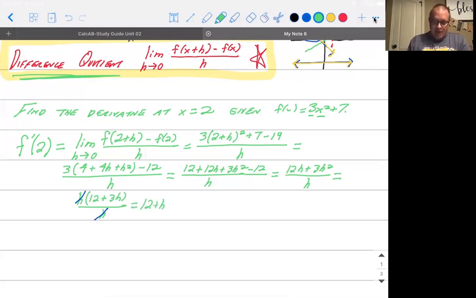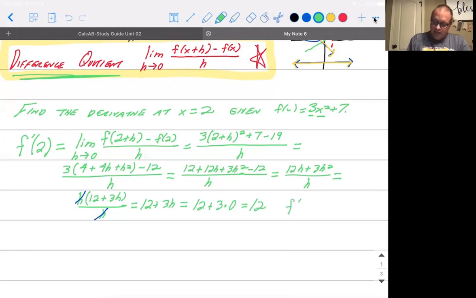So now I can go ahead and put 0 in. And when I put 0 in, I need to back up just for a second here, don't I? Because I need a 3 in there. So this should be 12 plus 3h. Sorry about that. So this will be 12 plus 3 times 0, which is 12.